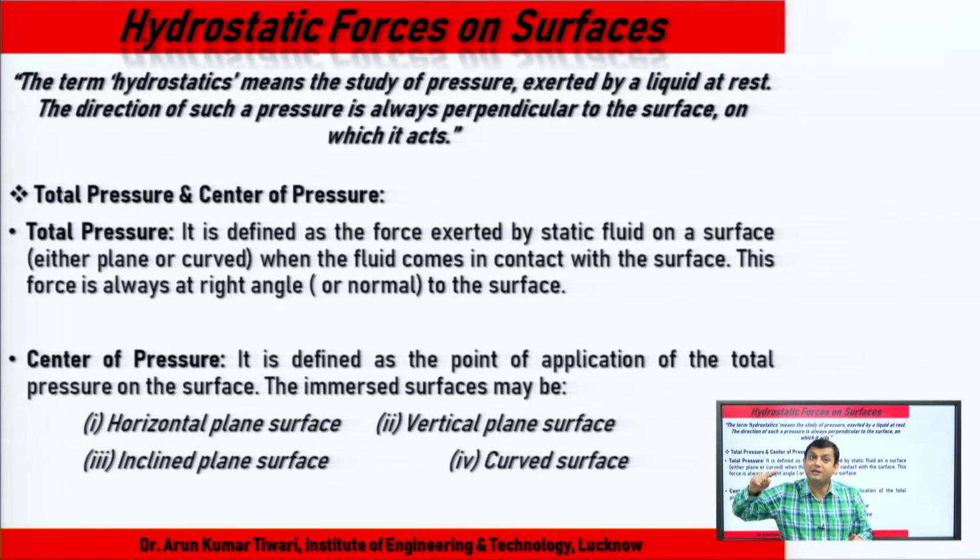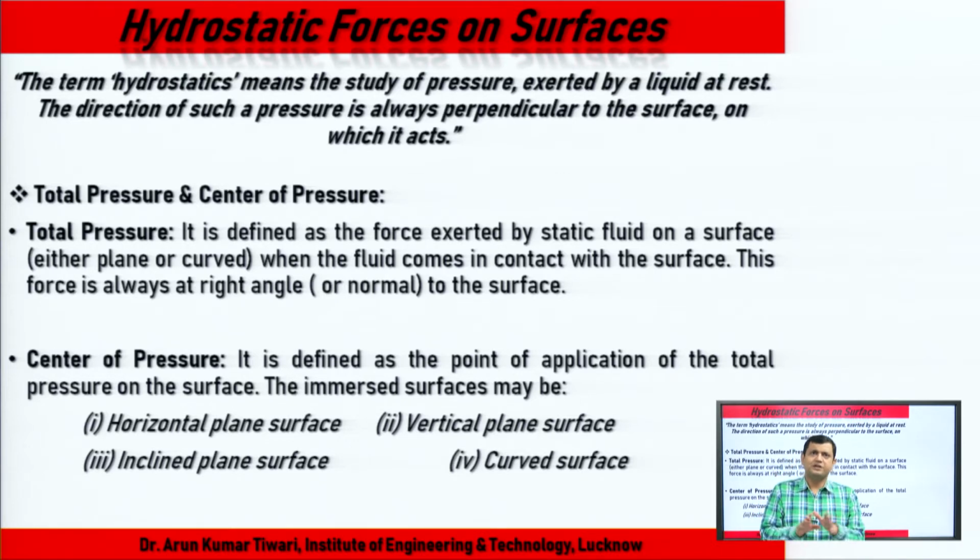The static fluid acts on a surface, and this surface may be either plane or curved, or inclined. So total pressure is the force exerted by the static fluid on the surface when the fluid comes in contact with it, and this force is always normal to the surface.